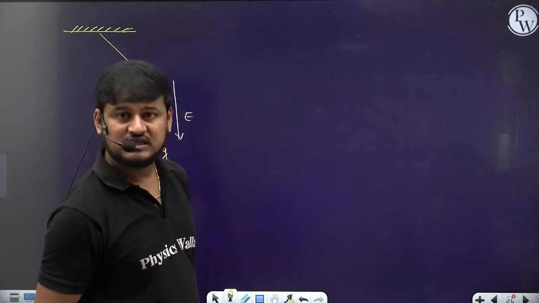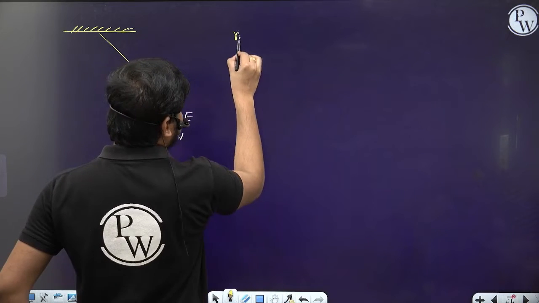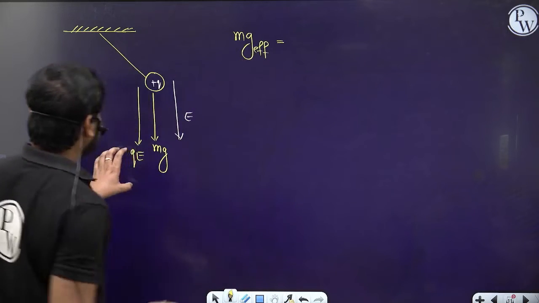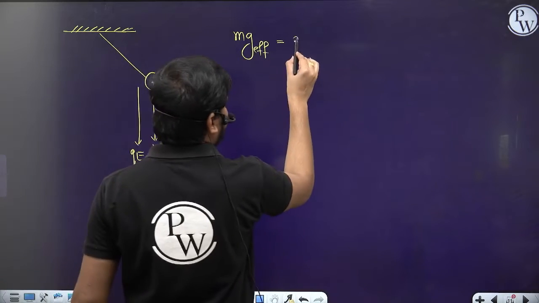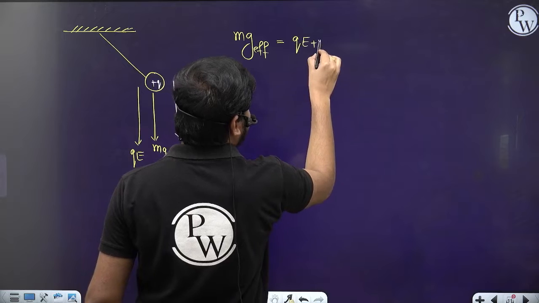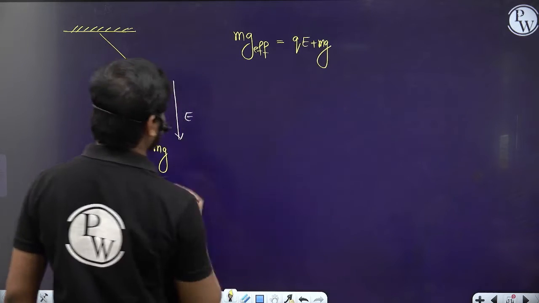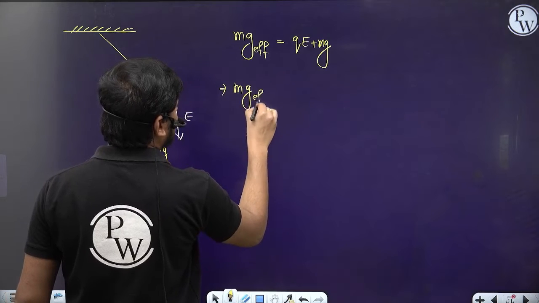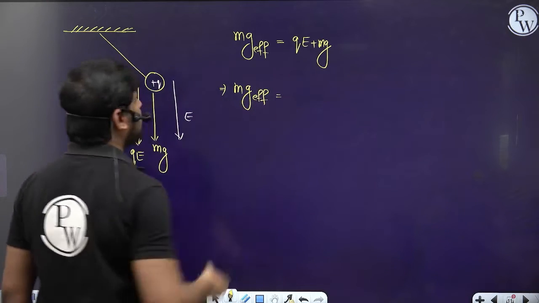Then the net force, m into g effective, is equal to QE plus mg.